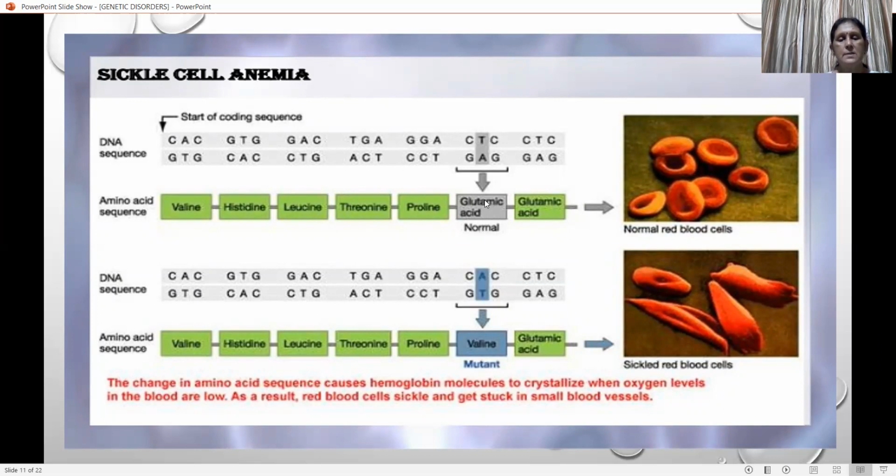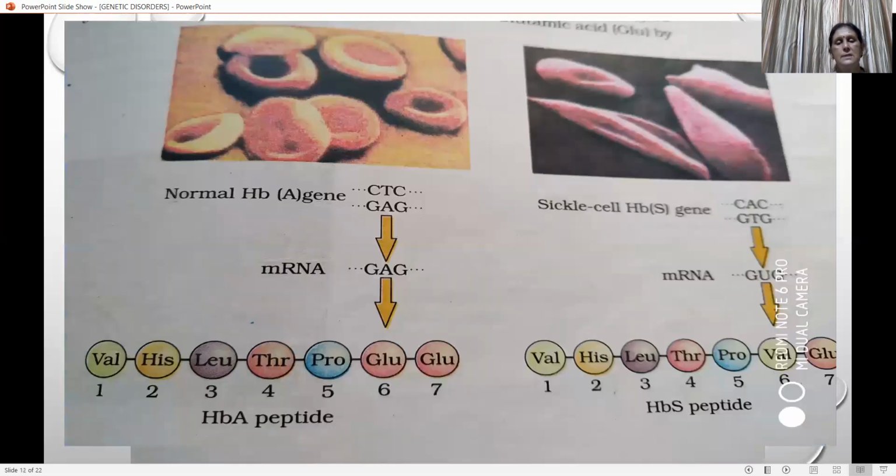So this is a normal type of protein synthesis. This is a mutant type. How does it change? At one position, the protein sequence changes. As a result, the normal RBC changes from biconvex to sickle cell. So here also you see the normal Hb gene is denoted by HBA.